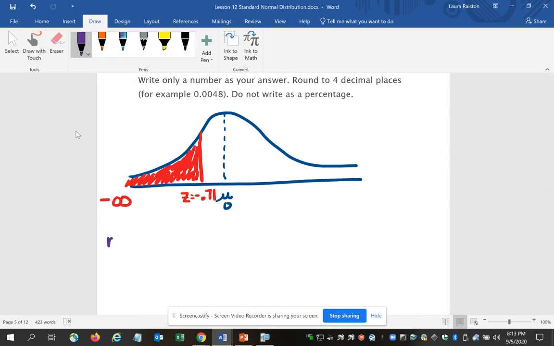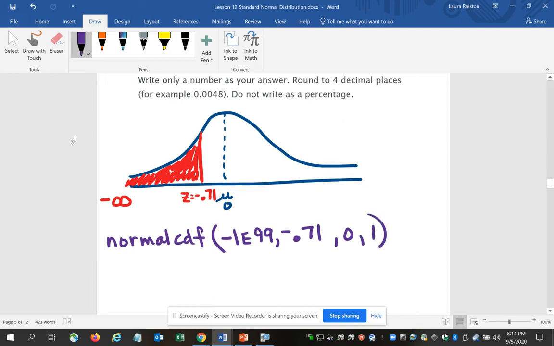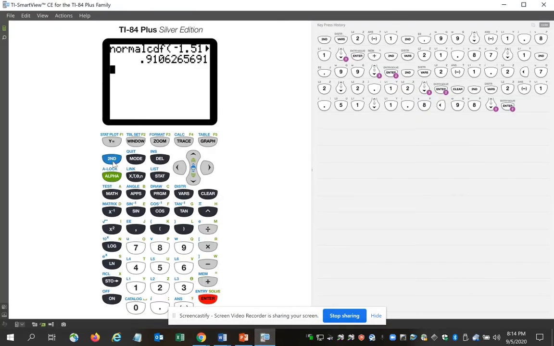So we would type normal CDF from negative infinity to negative 0.71, mean of 0, standard deviation of 1. Now, you're not required to draw the picture, but I like to draw the picture because it helps me see exactly what I need to put in the calculator. So we go to second, vars, option 2, normal CDF.